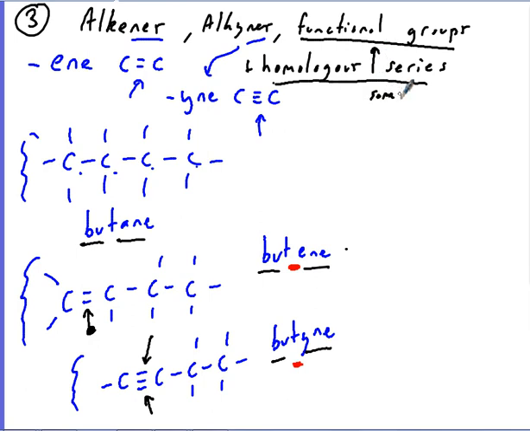So a homologous series has the same functional group. The functional group of this will be the single carbon bonds.